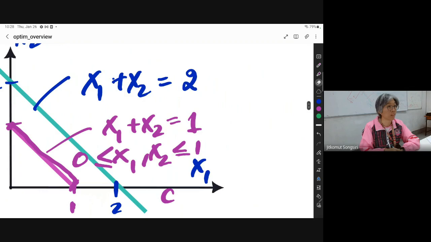The purple thing? Only x1 or x2. Only, of 0 to 1.